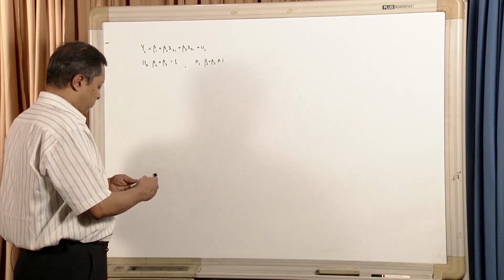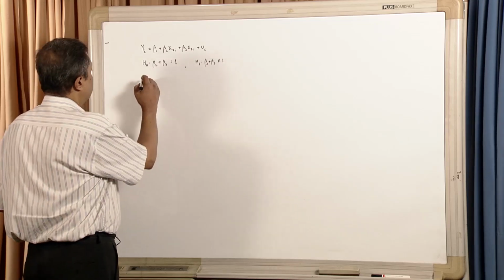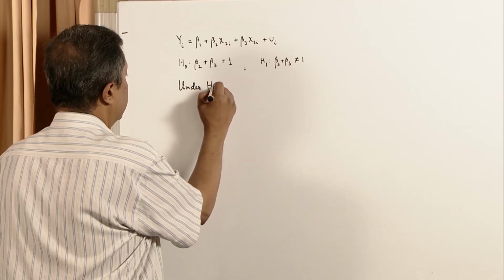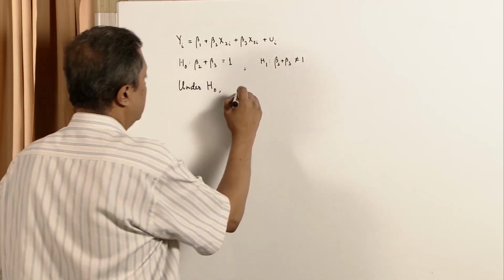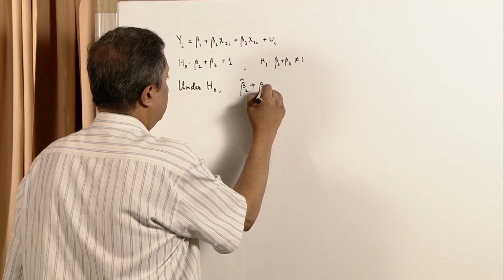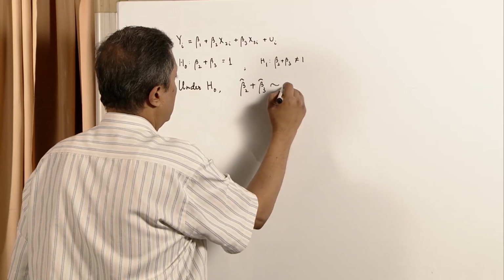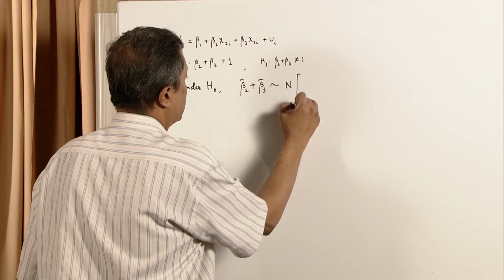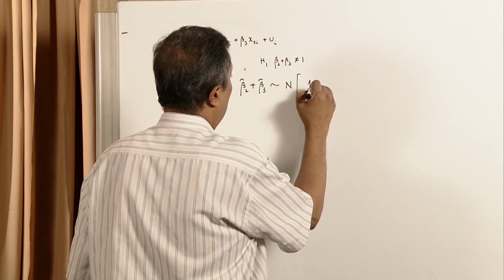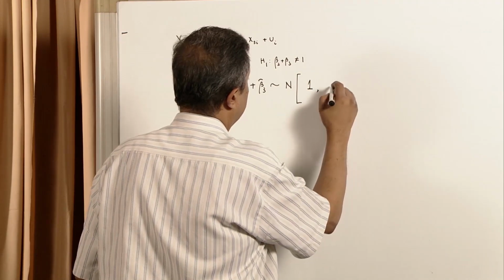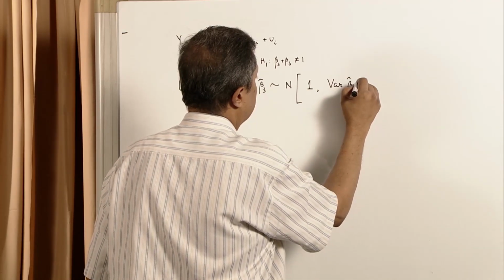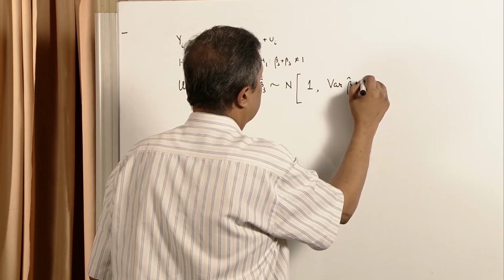So, we begin by noting that under the null hypothesis, under H naught, beta 2 hat plus beta 3 hat follows a normal distribution with mean 1 and variance of beta 2 hat plus beta 3 hat.